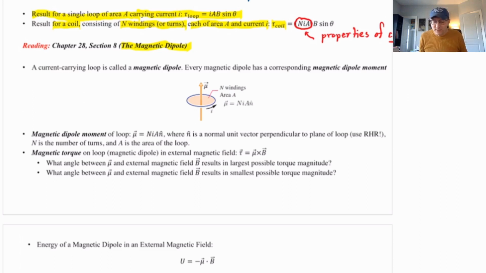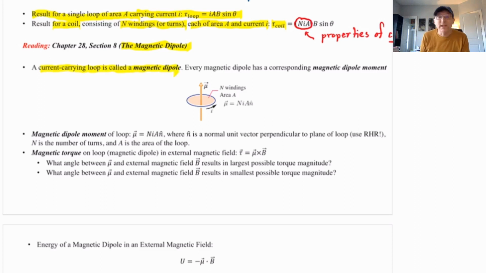We're going to have a structure, a device called a magnetic dipole. And in its simplest manifestation, a magnetic dipole is any current-carrying loop. Okay? Any current-carrying loop is a magnetic dipole.